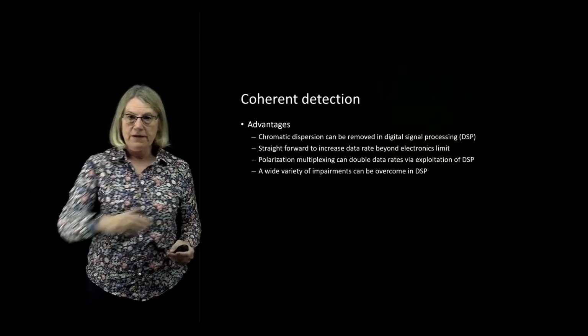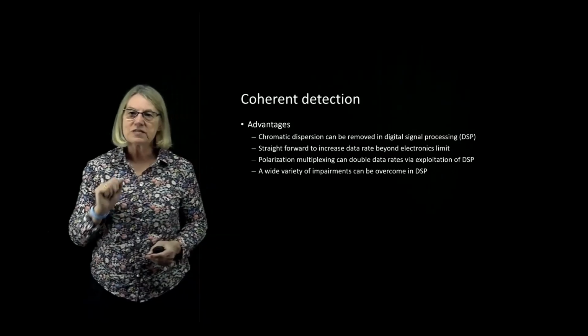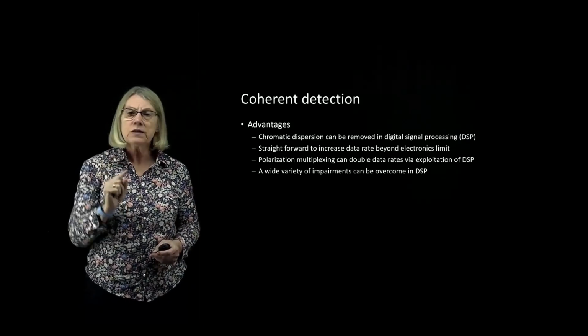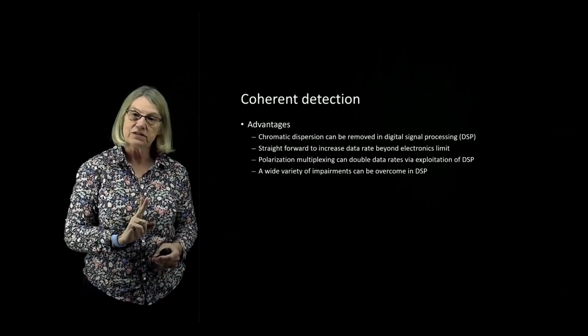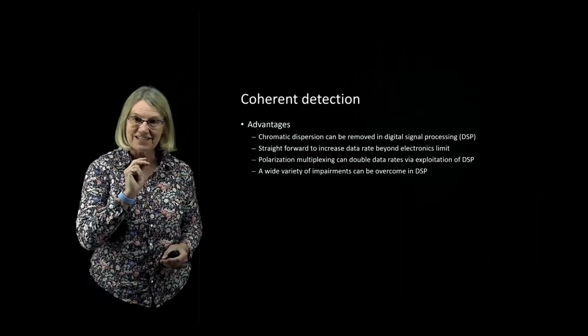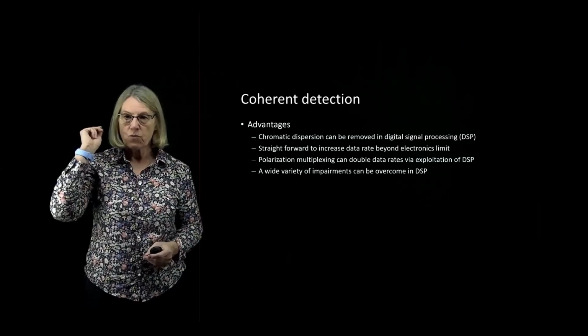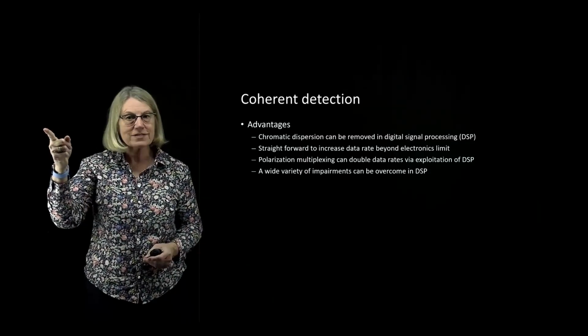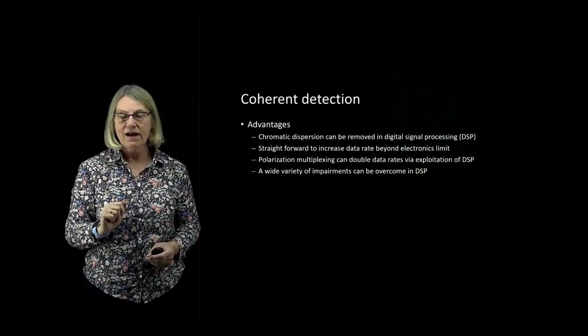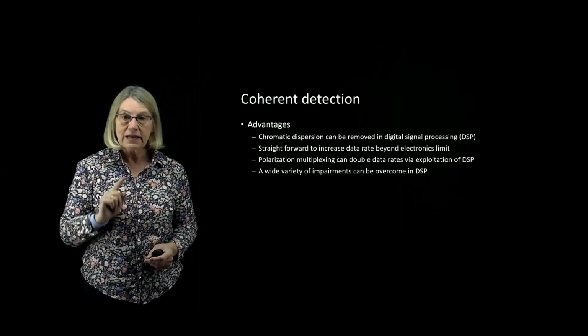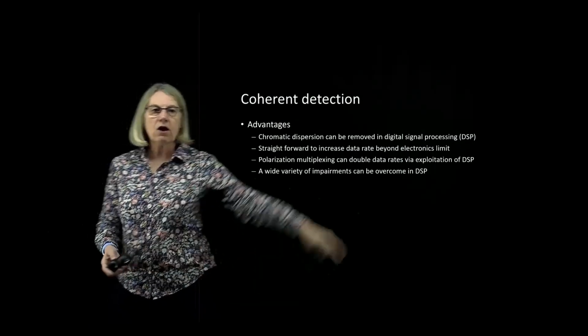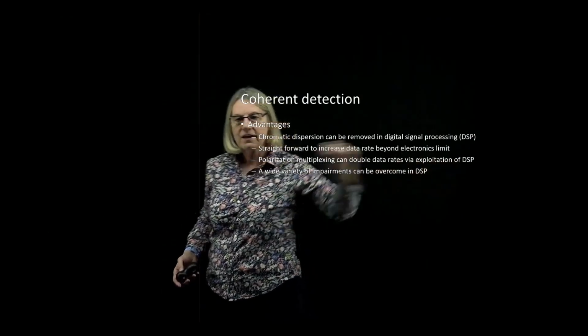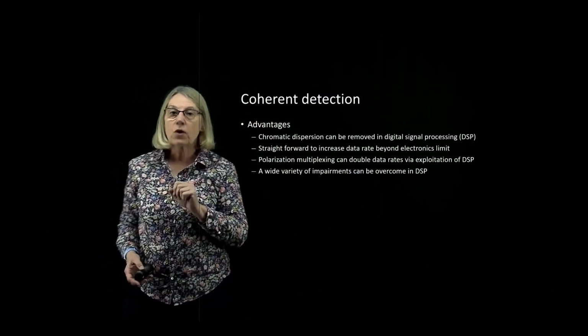As it also happens, I can easily use polarization multiplexing, and this will allow me to double the transmission rate of any signal I'm sending. I can send one amount of data on one polarization and the same amount of data on the second polarization as well. And again, this is possible because of the digital signal processing that we can do with coherent detection.